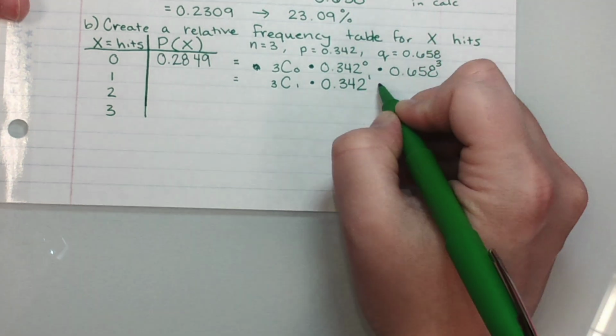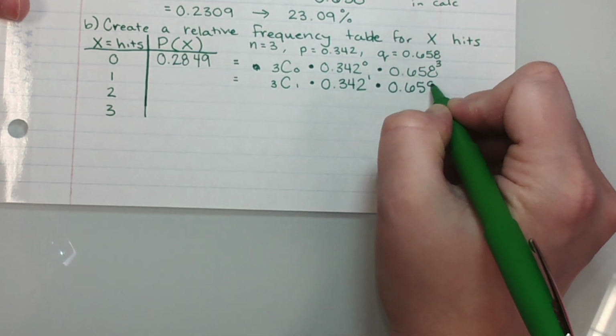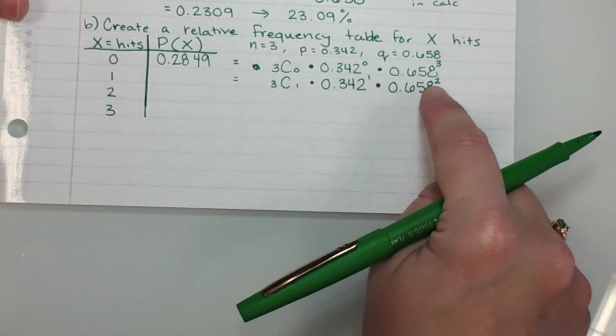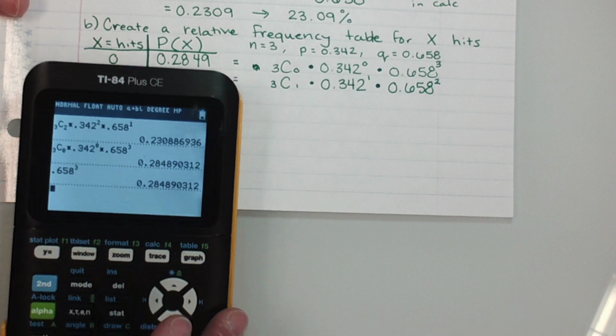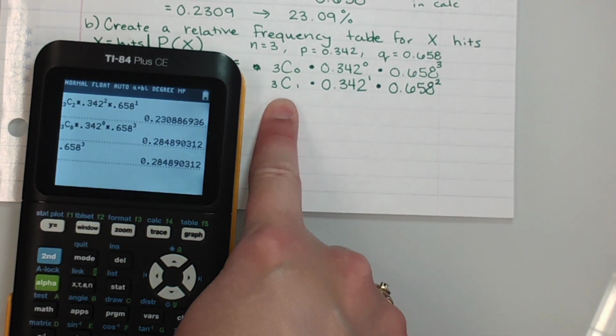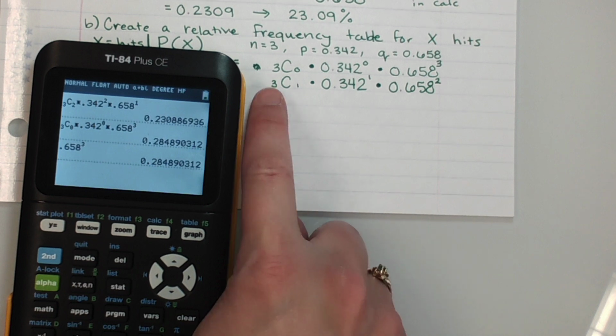For 1 hit, now I'm changing X to 1. That becomes 1, that becomes 1, and 3 minus 1 is now 2. If you know your combinations well enough, you would also be able to shorten this down and know anything a combination of 1 is always the number before it.